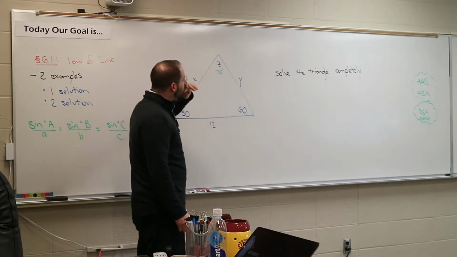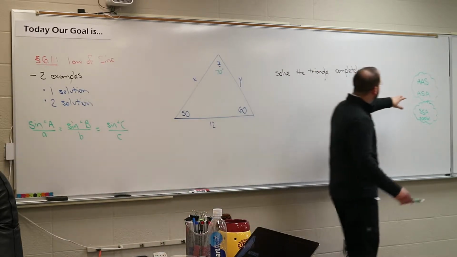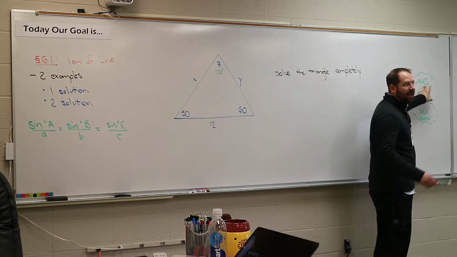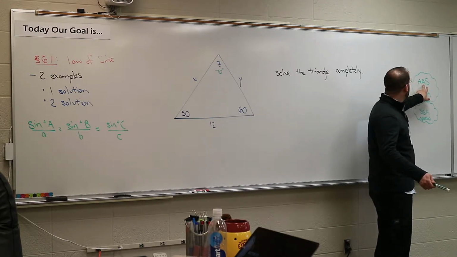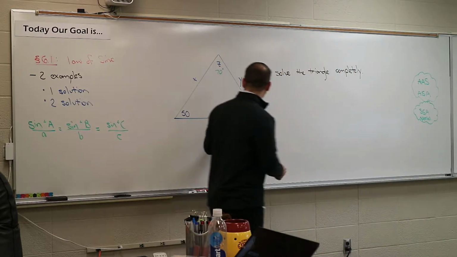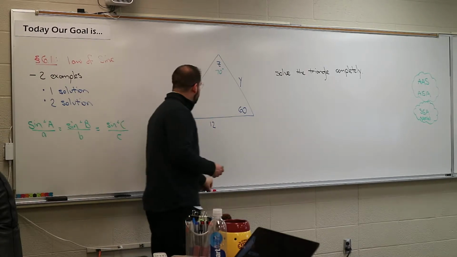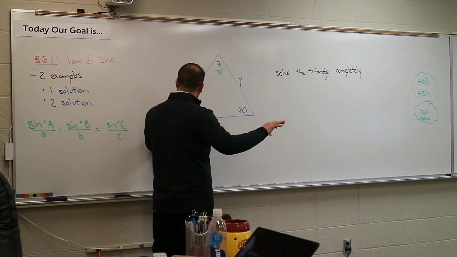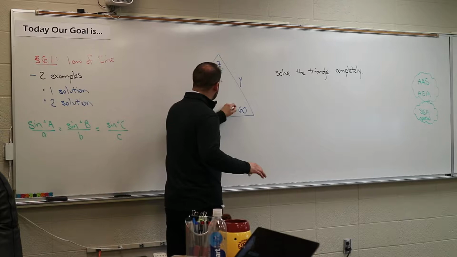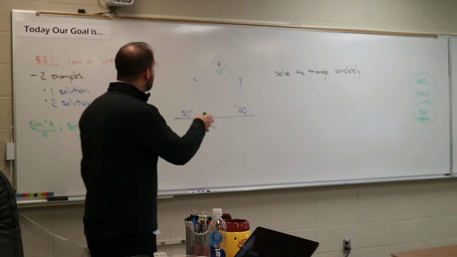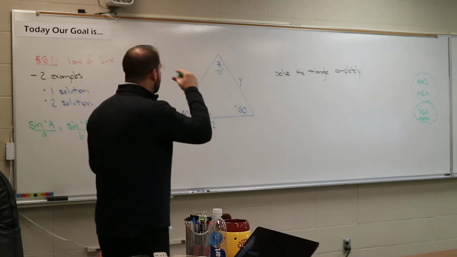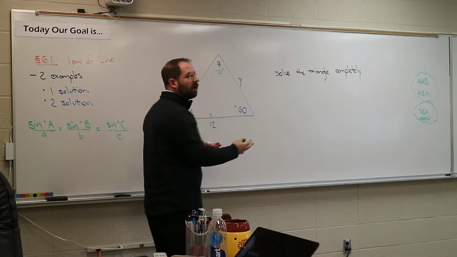Even if you're doing this other version, angle angle side, you're still allowed to do the same exact math. Because when you looked at the start of my problem, here's what I had: angle, side, and angle. So that was my setup. I knew that I could find the other angle, and then from here on I can do the law of sines.